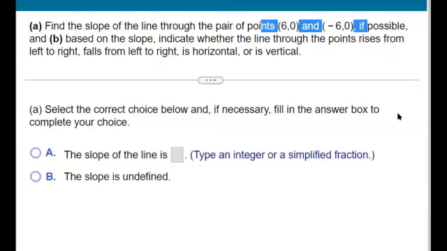It's not merely the same, it's 0. It's nothing. It can't rise. The rise is 0 and the run is something else. So what's the slope of this line?